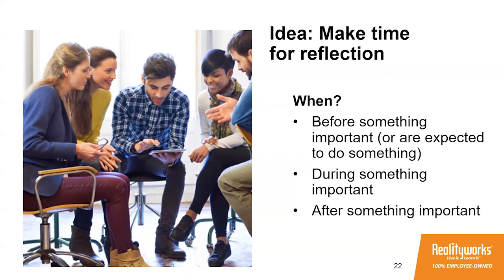The educators we speak with recommend incorporating reflection opportunities like journaling or group discussion at 3 different moments in your classroom, either before something important. For instance, students can run through what they already know about a topic before they begin discussing something in class. You could do it during a long-term project or a task to give students the opportunity to assess their own understanding so far and reflect accordingly.